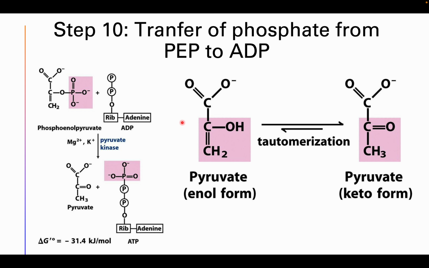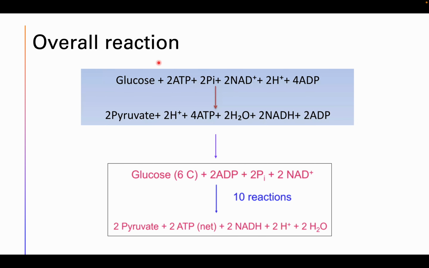This pyruvate can be tautomerized to different forms, like keto forms, which are important to enter different cycles. So in the end, we spent 1 molecule of glucose, 2 molecules of ATP, 2 molecules of NAD+, and 4 molecules of ADP, because we needed the phosphorylation.